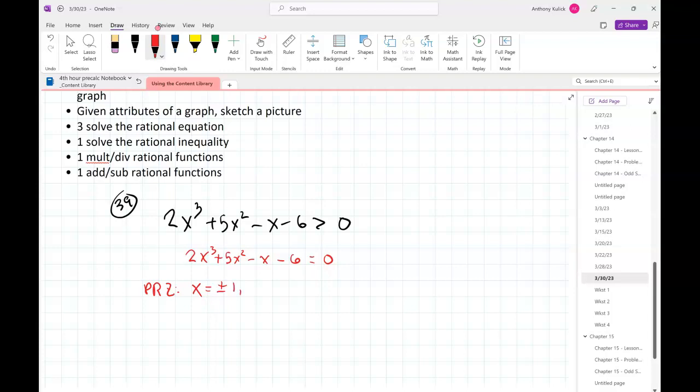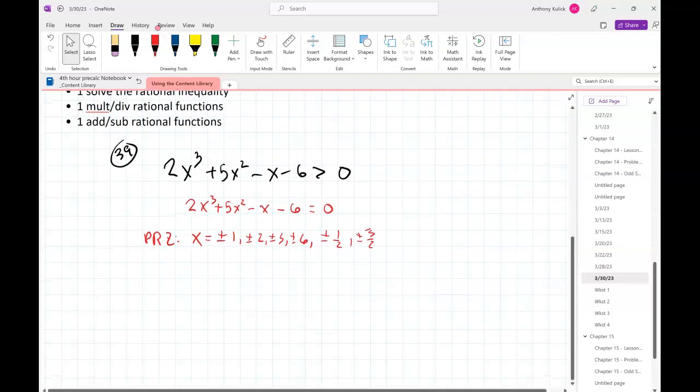So the factors of 6 are 1, 2, 3, and 6. And then the factors of 6 divided by 2 are 1 over 2, 2 over 2 we already have, 3 over 2, and then 6 over 2 we already have. So those are our possible rational solutions.